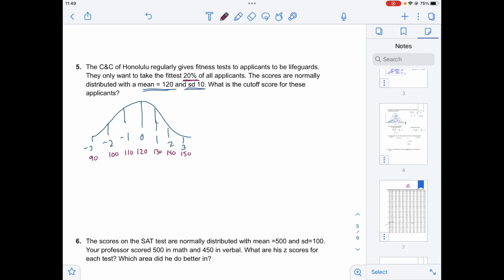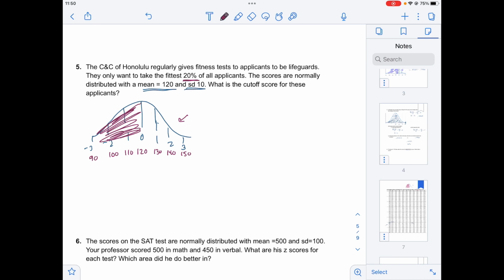So we're looking for this upper range here. We're not looking for the bottom 80%. So we're going to think about the bottom 80% as being our Z-score. We want to know the bottom 80% of this area covered, whatever it may be. We know that this is 50%, so it's going to be some more over here. So we have to find out what it is based on this.